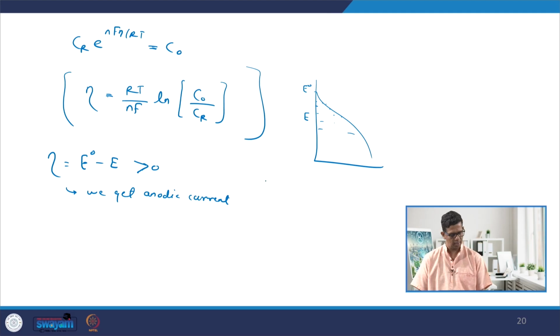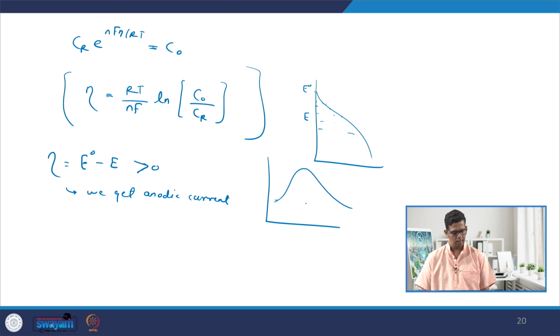And if I want to draw this, this is the equilibrium curve. So it will be deviated like this. So this will be our eta, and our forward reaction will be favored, that is H2 giving 2 H+ and 2 electrons.